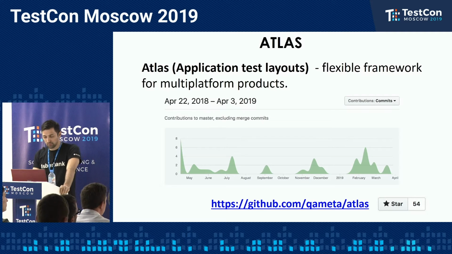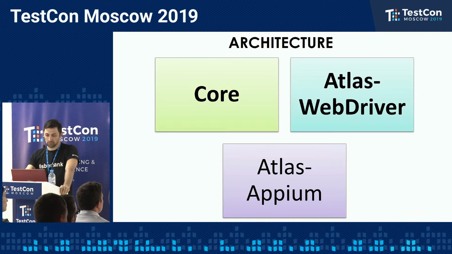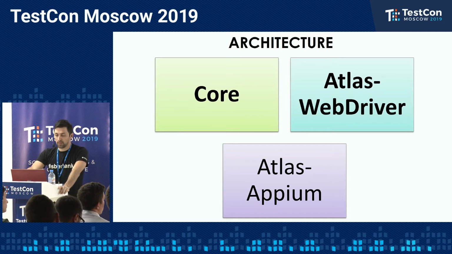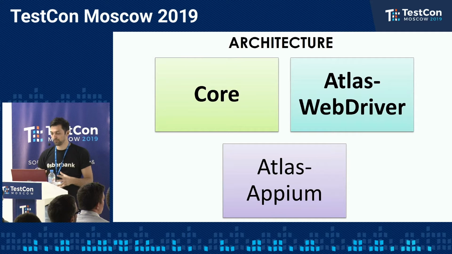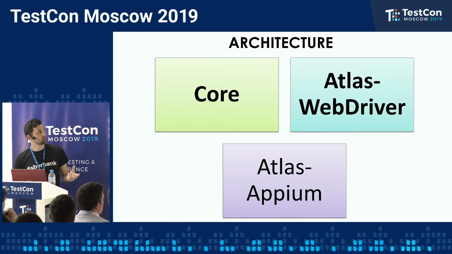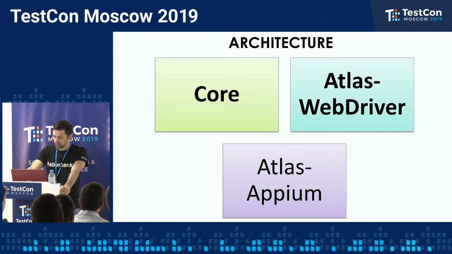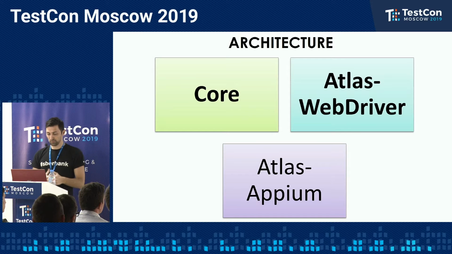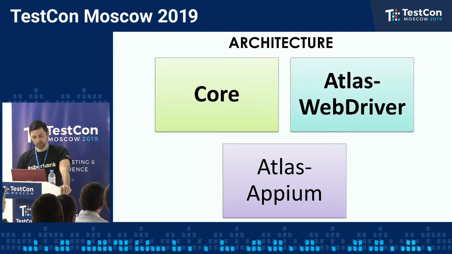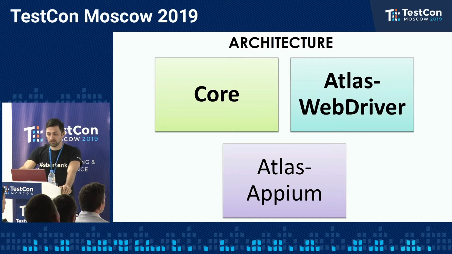So here is the current state for today. I just gave you a print screen. The first module is core. It processes your pages, and it's based on the proxy pattern, and it adds additional logic to your methods.